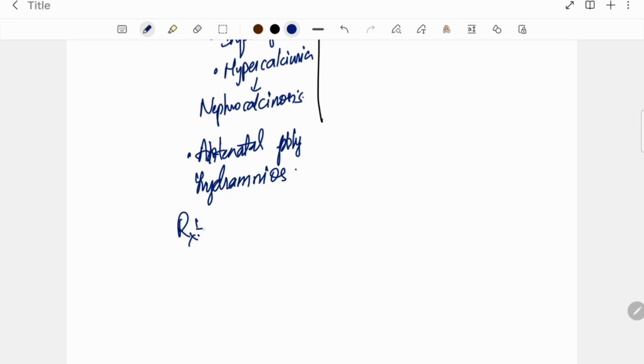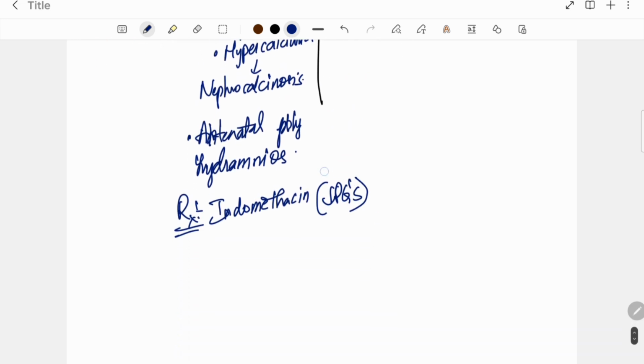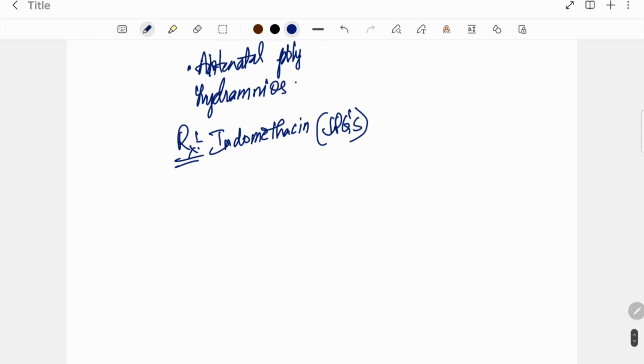For treatment, we have to give indomethacin. It will decrease the prostaglandins, because Bartter syndrome occurs due to high levels of prostaglandins. Along with that, we have to give sodium plus chloride supplements.